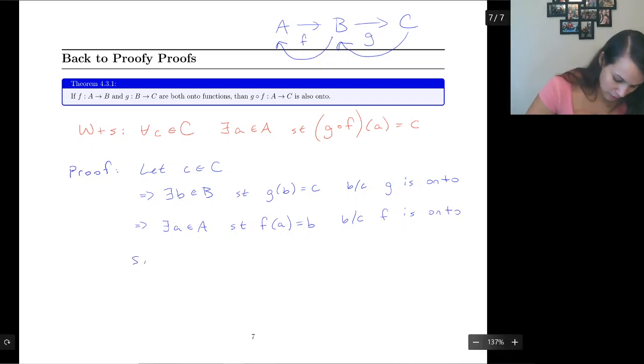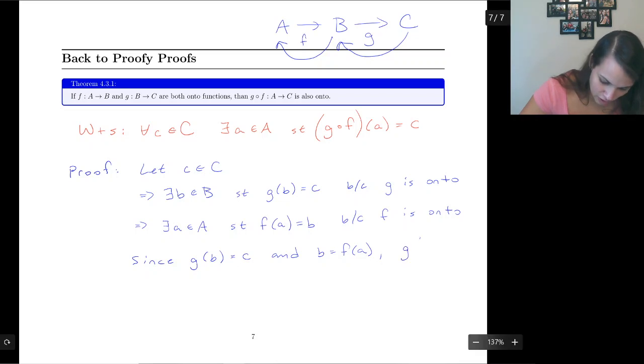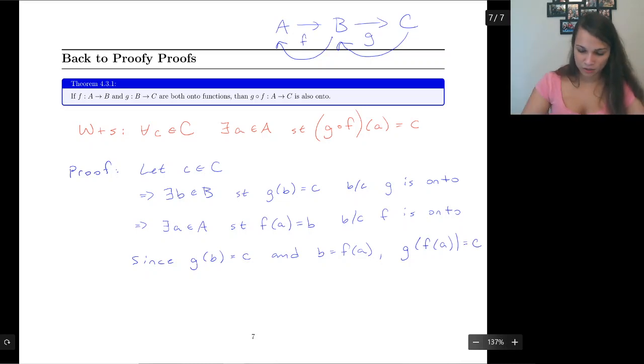So since we have g of b is equal to c, and this b is equal to f of a, we can get that g of f of a equals c just by substituting this in right here.